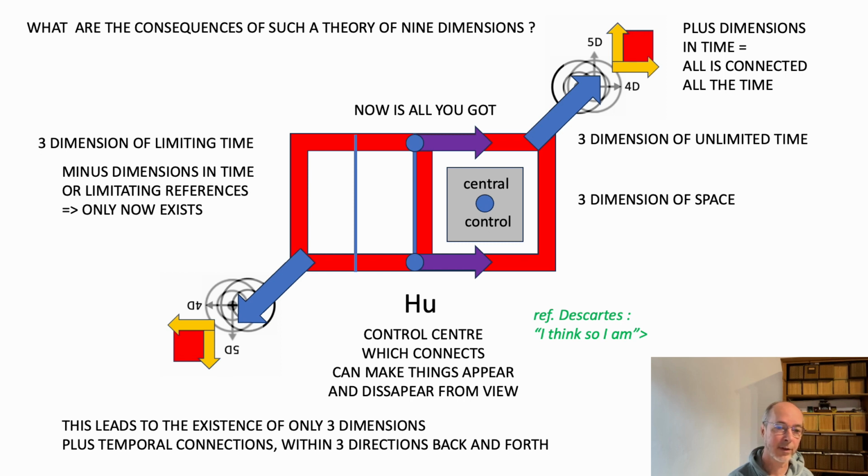I hope you more or less understood what I said, but these are the consequences of 9 dimensions in 3 parts, and the 3 different parts are interconnected in such a way that we are only left with the now moment. So in fact, we have the 3 dimensions, and in a way we also only have one extra dimension, or 4th dimension, which can go into all 3 directions and make connections in all 3 directions, and it can also take everything back in another 3 dimensions in the other direction.